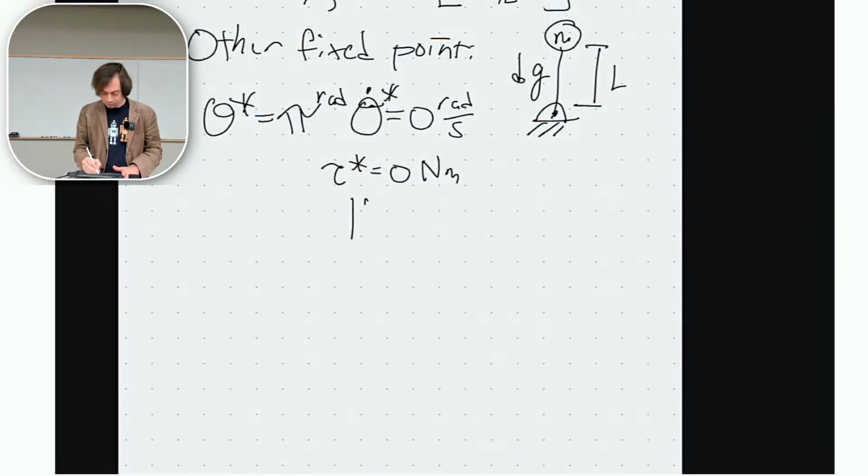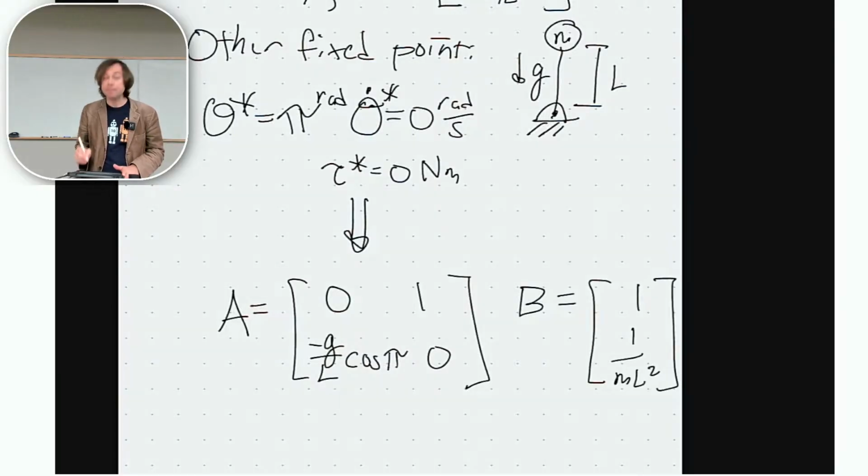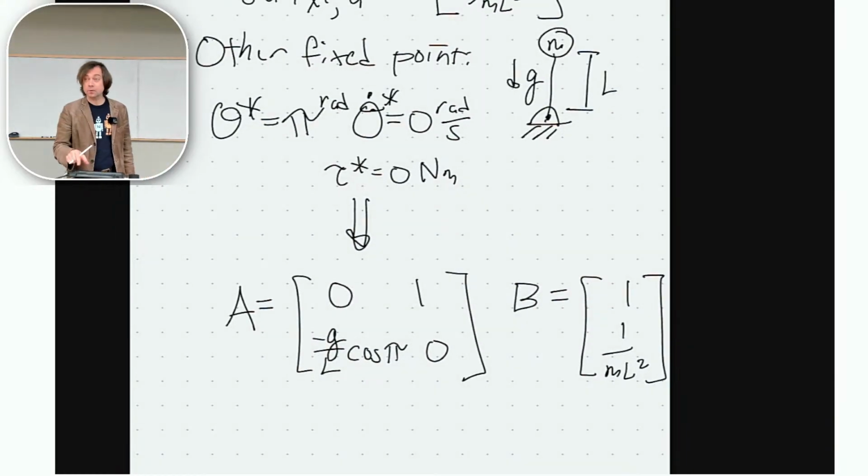So now, fast forward, our A matrix is going to be 0, 1, minus g over L cosine of pi, and then 0. And our B matrix is 0 and 1 over mL squared. It's all the same. Right? See, everyone's extremely excited.